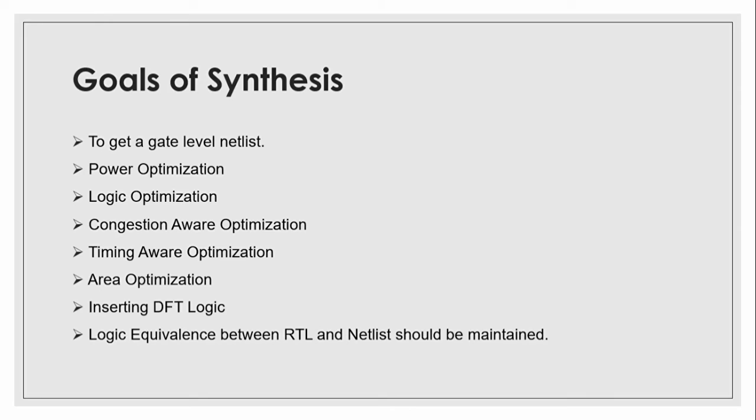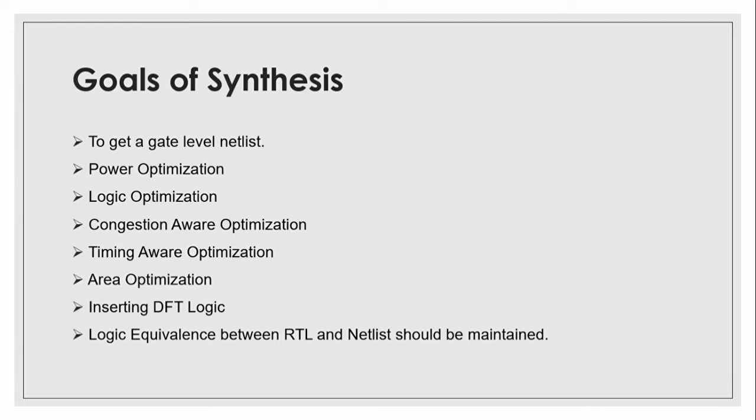Now we are going to see what the major goals of synthesis are, and why we perform it. The major reason is that it allows designers to visualize how the design will appear after manufacturing. We can get that idea only if we first have a gate level netlist in our hand.